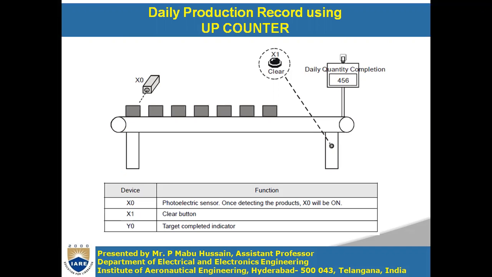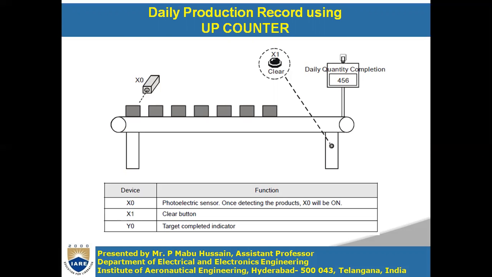They will count these products by using one sensor, and the products are moving on the conveyor. Whenever the sensor detects a product, the counter will count up by one. Initially, suppose the counter value is 0.